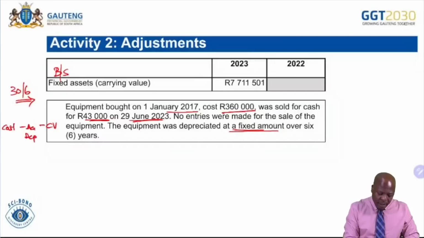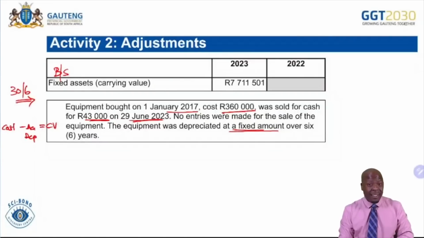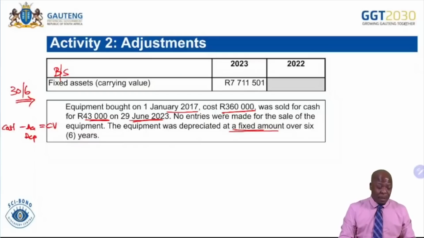We are not given the accumulated depreciation, so we must calculate it. We are then told that the equipment was depreciated at a fixed amount. A fixed amount, therefore, simply means we are talking the cost price method, fixed installment method, one and the same thing. So that means we can calculate depreciation for this asset.